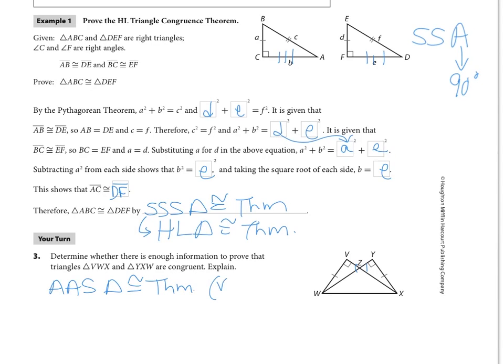And again, that's with our vertical angles. So that would be yes. Sorry, just thought I'd do that one for you. It gets a little harder on the next page with proofs.